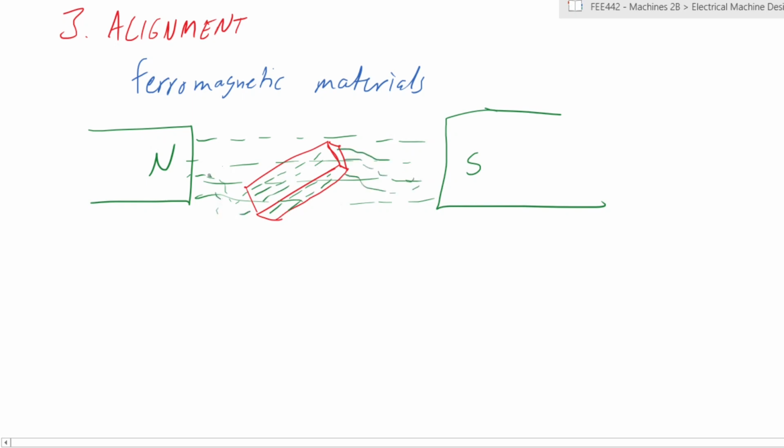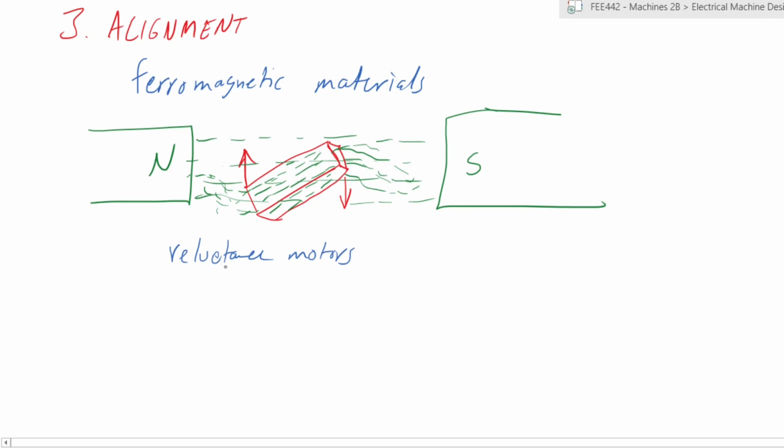material itself. So this distortion of the magnetic field, in order for it to be set up within the ferromagnetic material, would then create a force or a torque that would tend to move it into alignment with the existing magnetic field. And this principle is used in reluctance machines or reluctance motors.